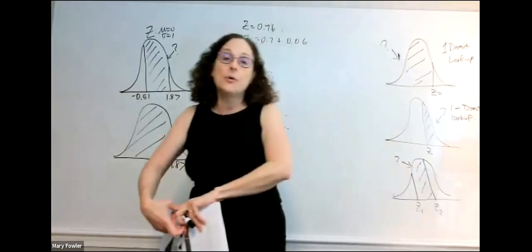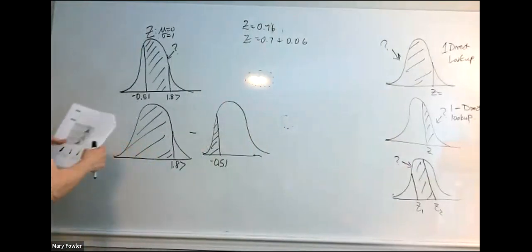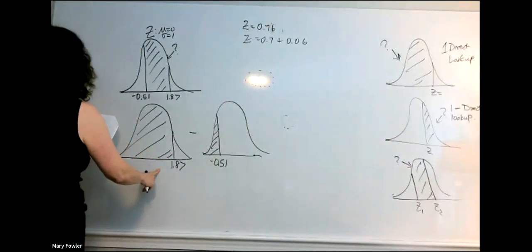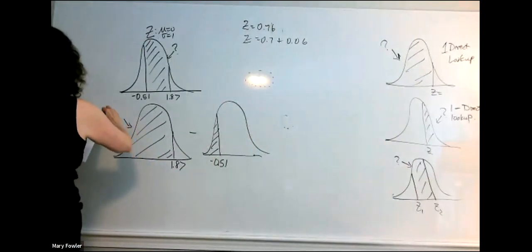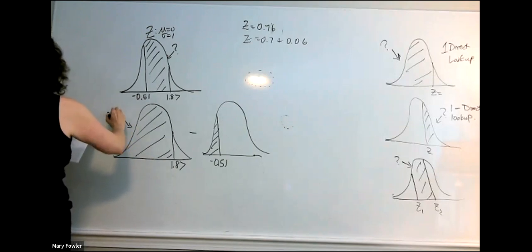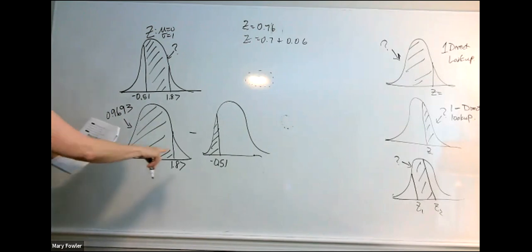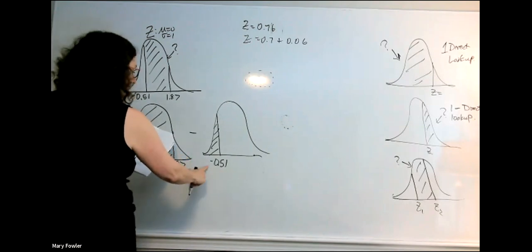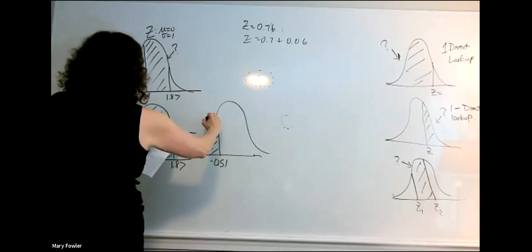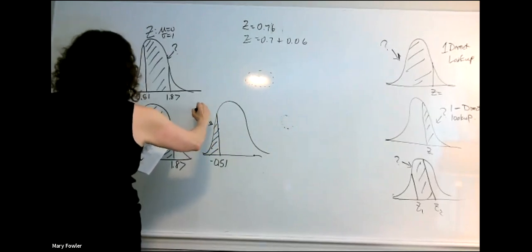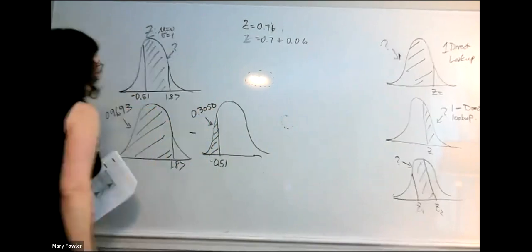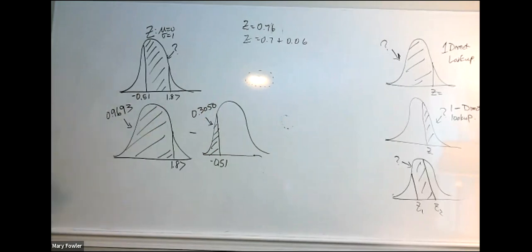Okay, great. So I hope you found the value. So the area to the left of 1.87, that's 0.9693. And now we're going to look up the area to the left of negative 0.51, and that's 0.3050. So the area, the bounded region is going to be the difference, two direct lookups and subtract.